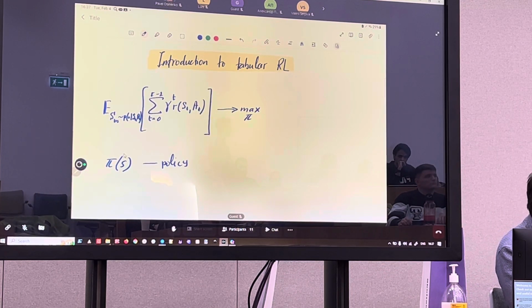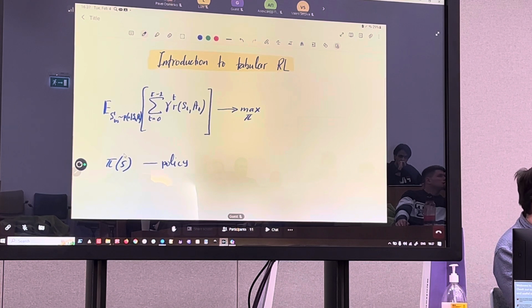I just take some fancy gradient-like algorithm, Adam, whatever. And you would be right. That's exactly what policy gradient does.